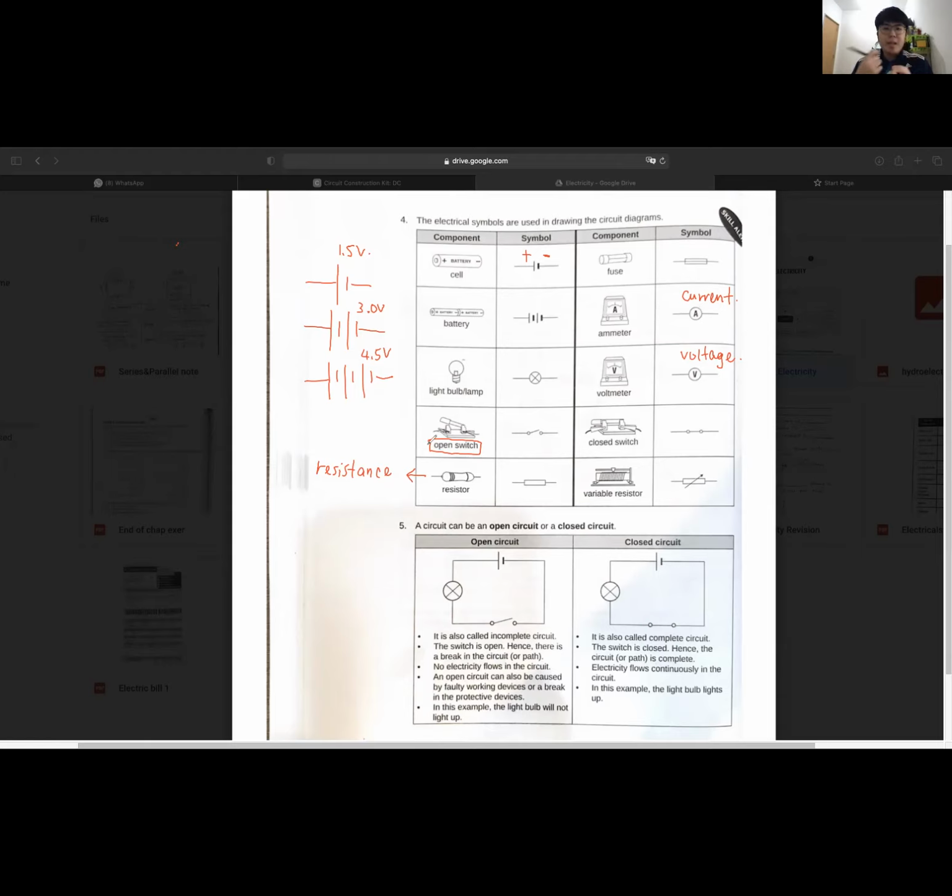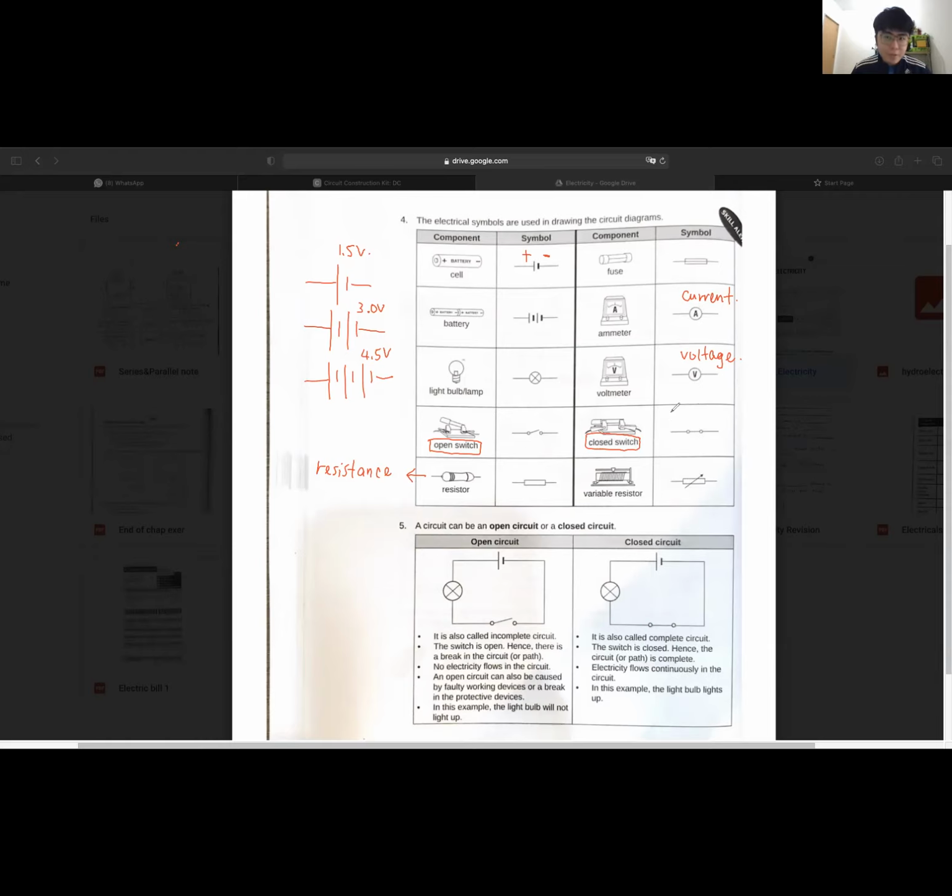That means if you connect any load in the circuit, like a bulb, it will not light up because the switch is open. Closed switch means that the switch is connected.